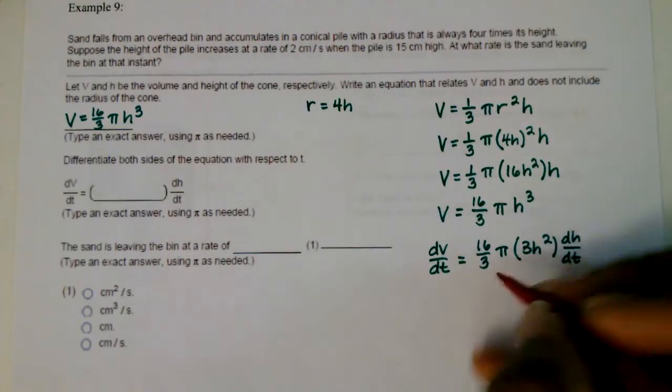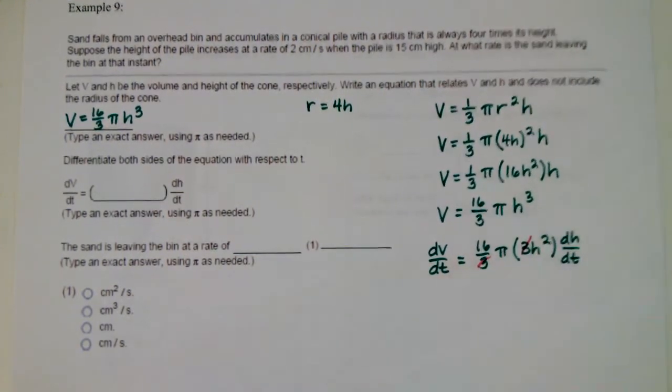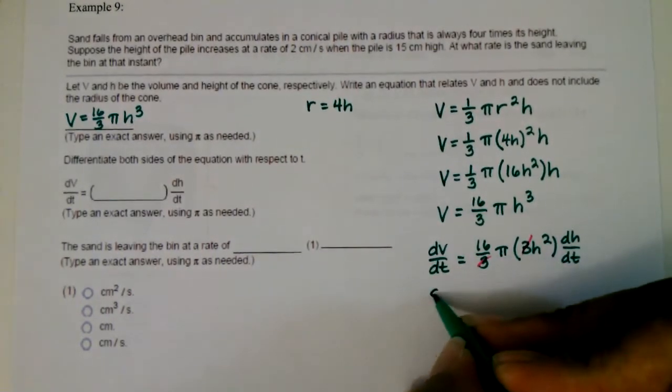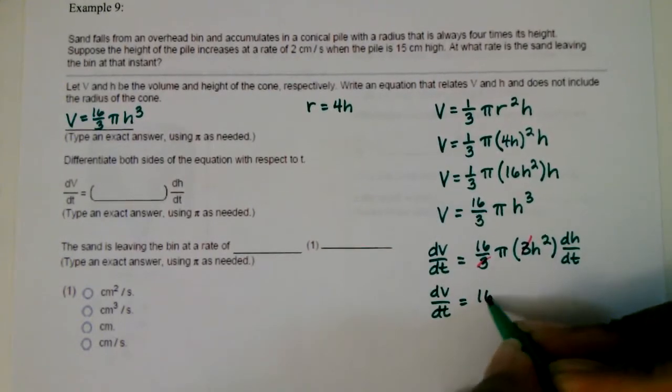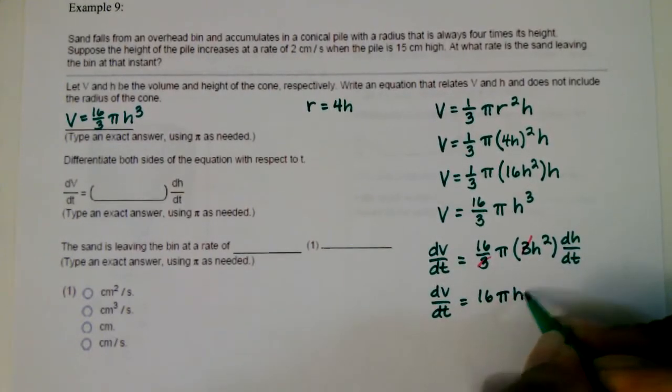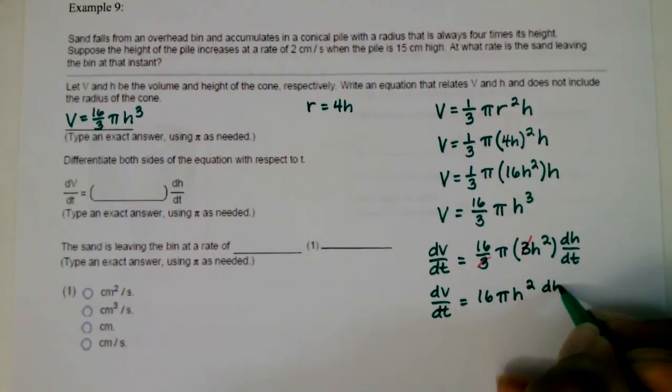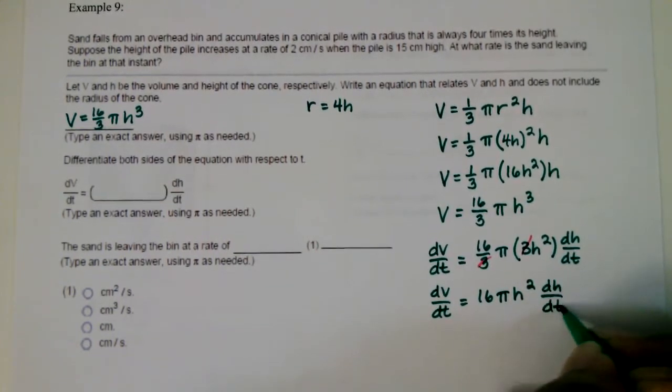So now when I simplify this, the 3's divide out. That will mean dV/dt is equal to 16 pi h squared dh/dt.